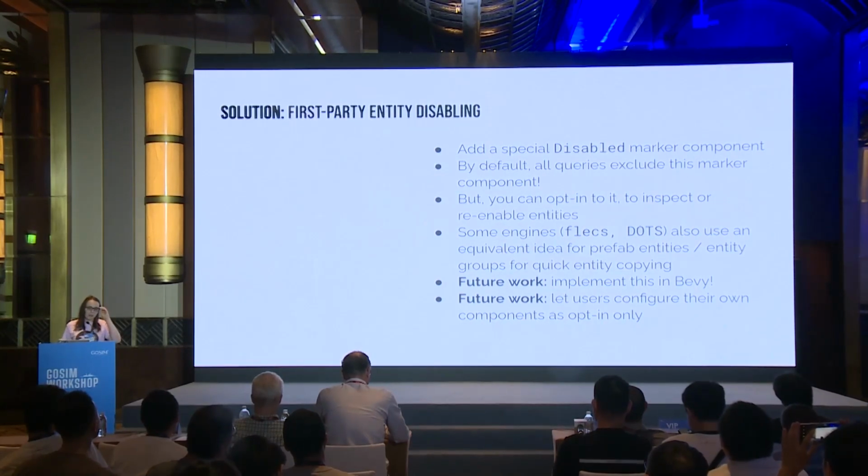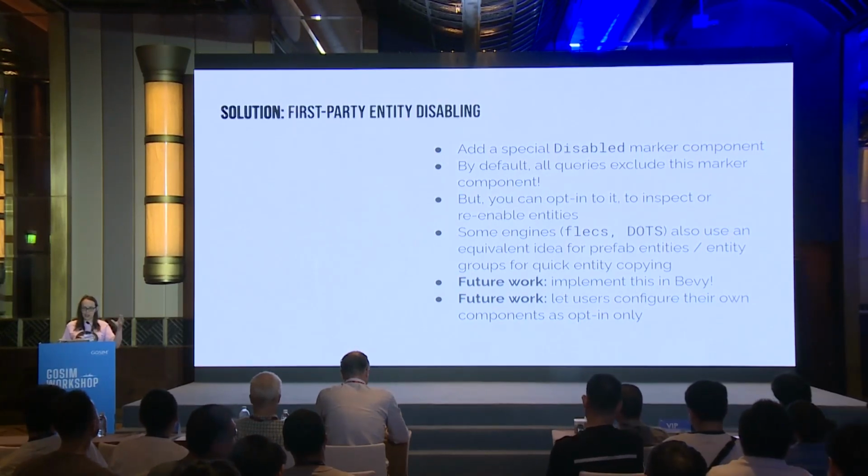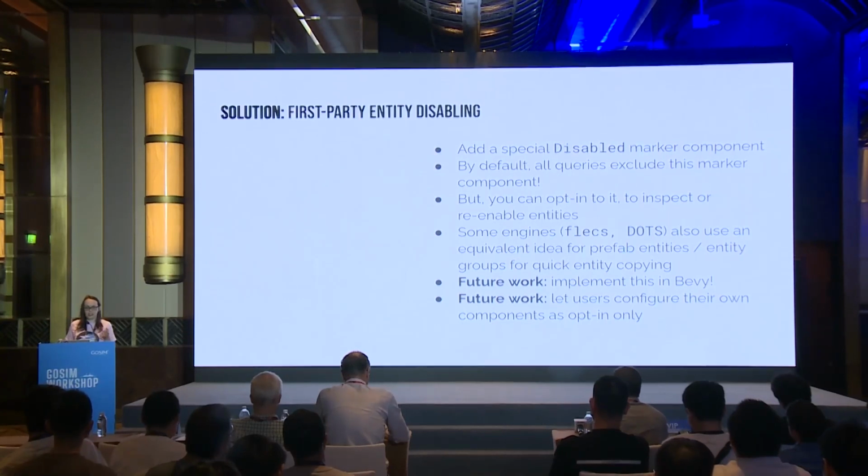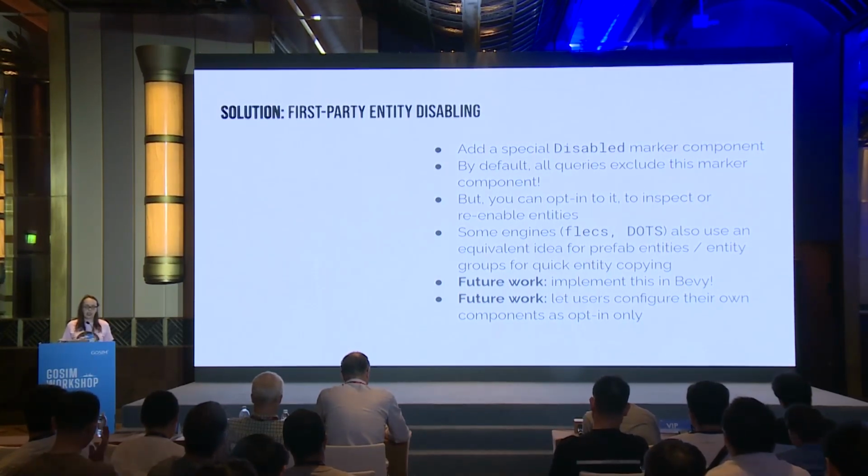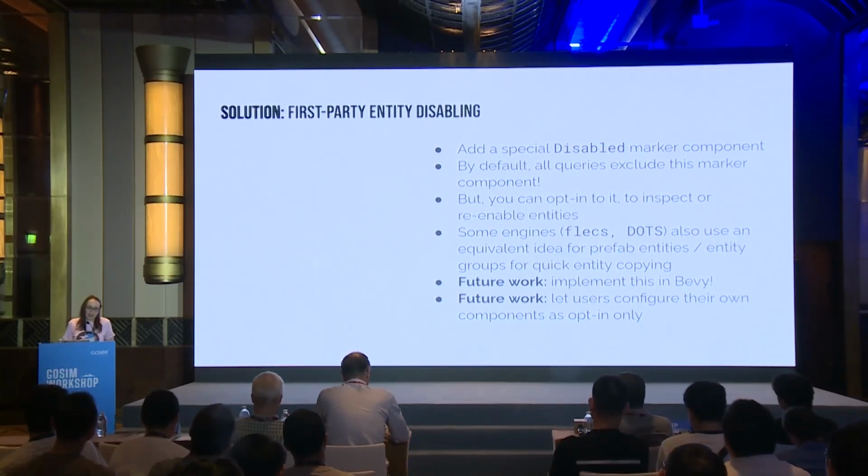But at the same time, if you say with disabled, it'll show up for you, right? And then you can inspect it, you can re-enable it, you can do strange things by running game logic on disabled entities. This isn't a new idea, but it's very powerful, and I think it's honestly an important and valuable part of what makes an ECS actually useful for users.